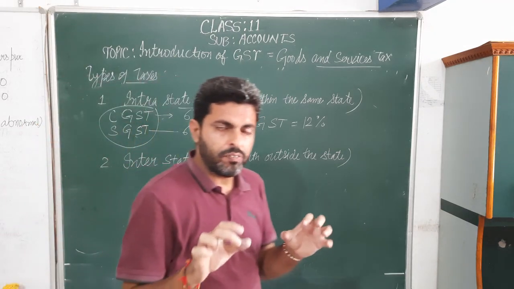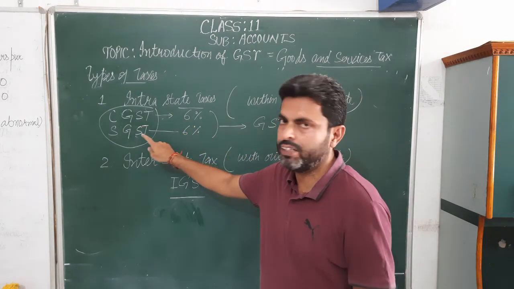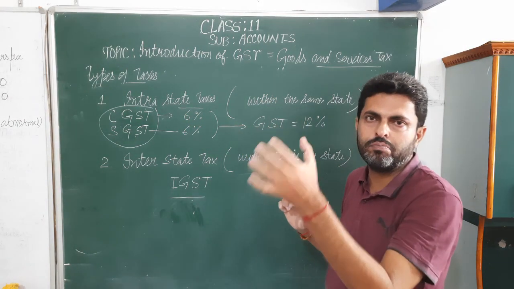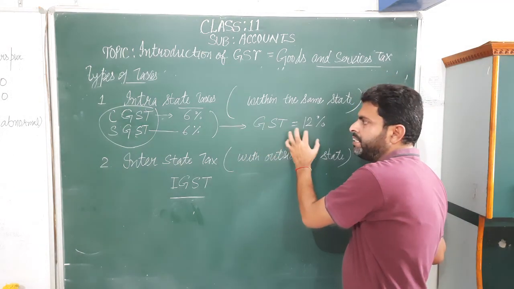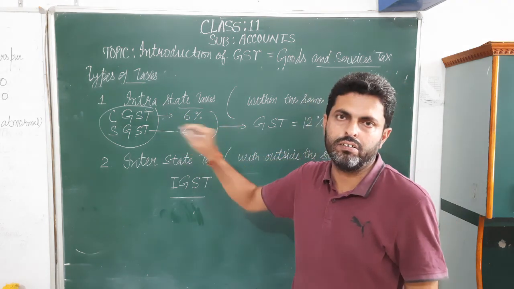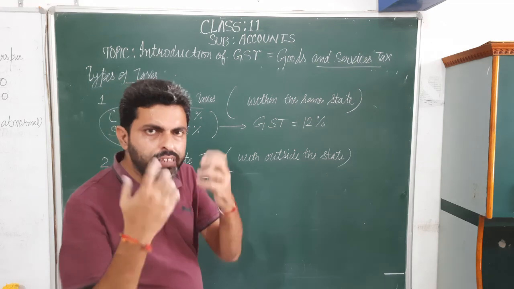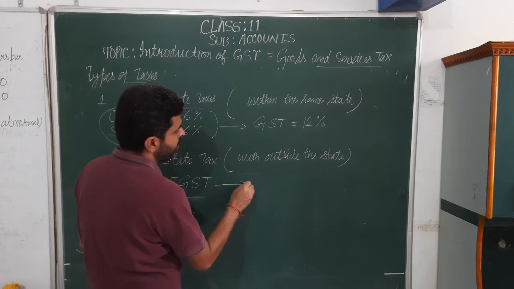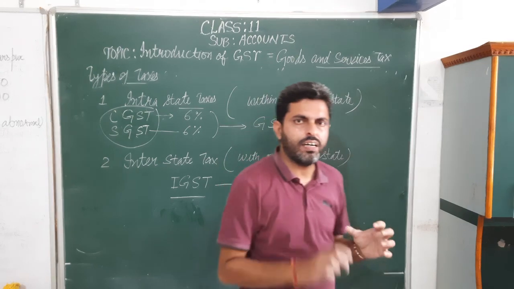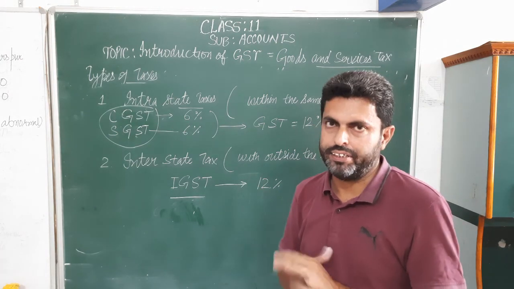The GST rate of 12% is divided into two: 6% tax goes to the central government and 6% goes to the state government. This is the intrastate tax, goods sold within the same state. And if the goods are sold outside the state, then it is simply 12% IGST. So these are the main types of GST.